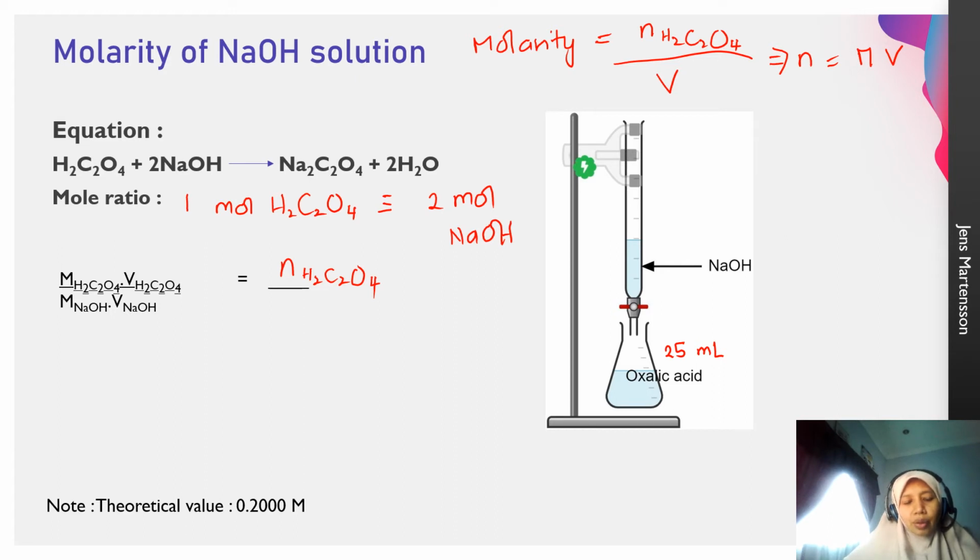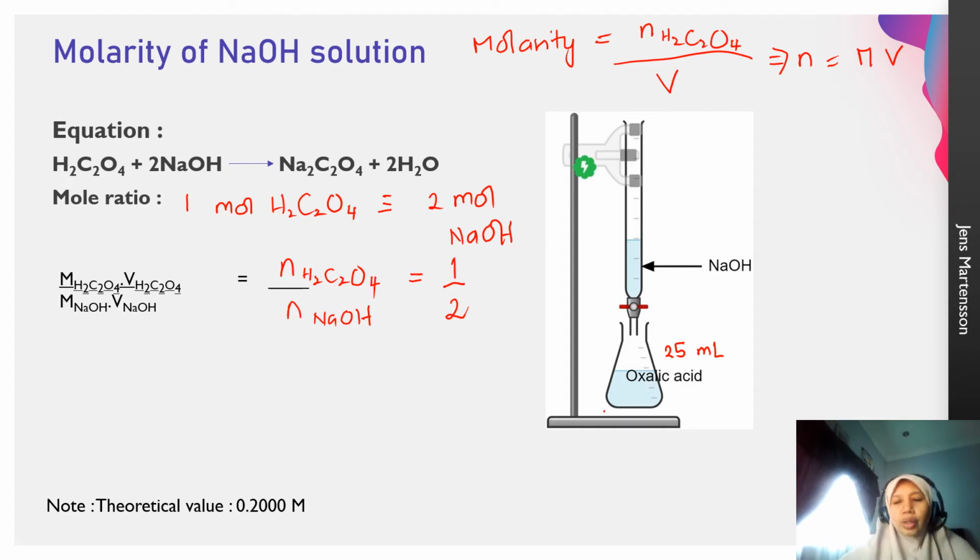And if you look down here, molarity of NaOH times the volume of sodium hydroxide, of course, that equals to the number of mole of NaOH, which is just the mole ratio, as we can see here, oxalic acid 1 and NaOH 2.